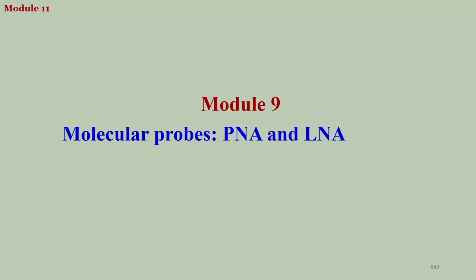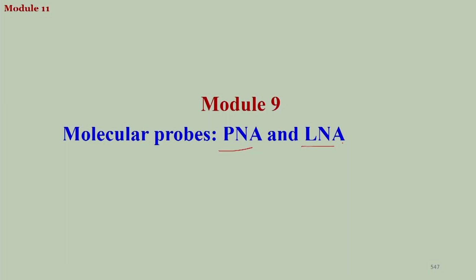Module 9 was on molecular probes, how we have synthesized them as organic chemists. Our aim is to develop new molecules that can have utilities in biology. So, peptide nucleic acids PNA and locked nucleic acids LNA are the modified versions of the oligonucleotides.